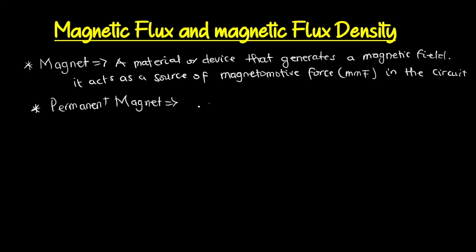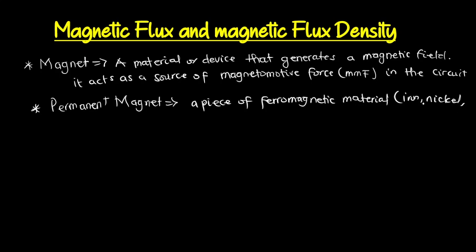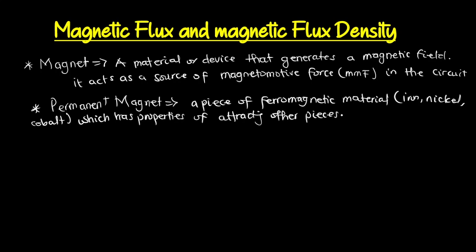So a permanent magnet is a piece of ferromagnetic material, for example iron, nickel, or even cobalt, which has the property of attracting other pieces of material. That is what a permanent magnet is.